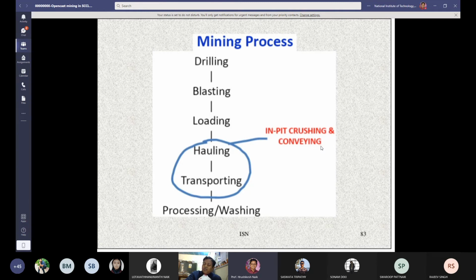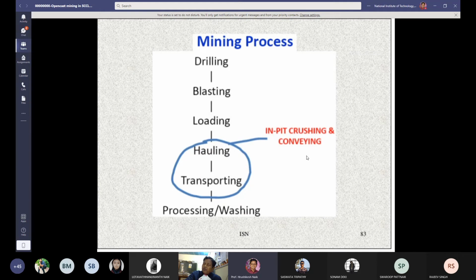The conveyor system can be operated electrically, and there is no need of drivers, no need of helpers. It will operate by a switch button.